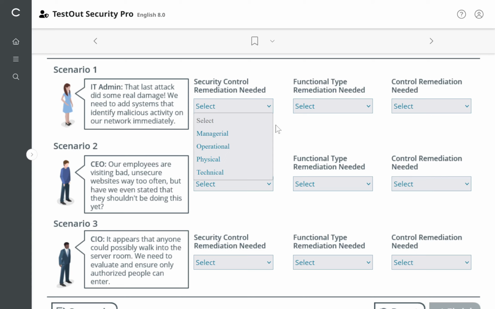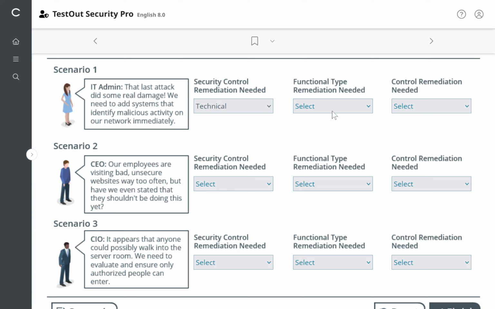Okay. So we are going to select from managerial, operational, physical, and technical. So here I'm thinking of something like an intrusion detection system, a firewall. It can also identify malicious activity on their network. So those fall under the category of technical controls.